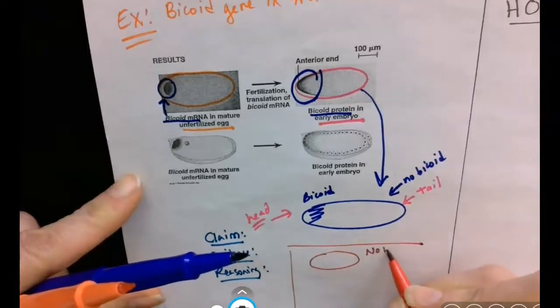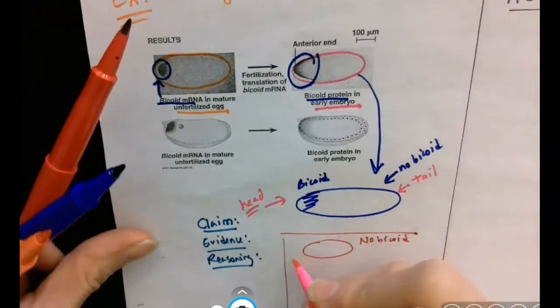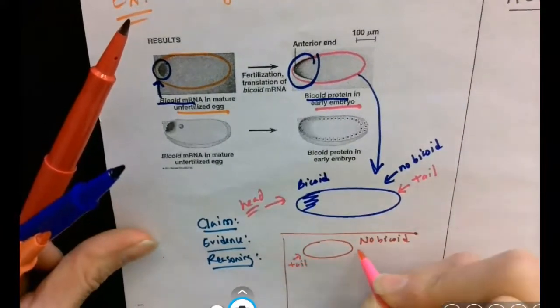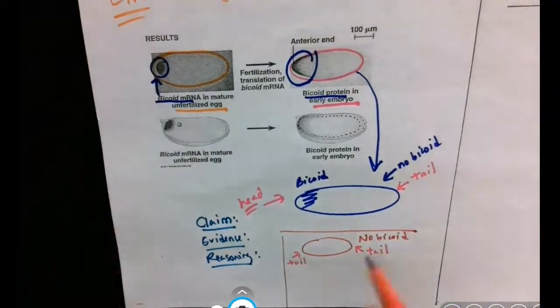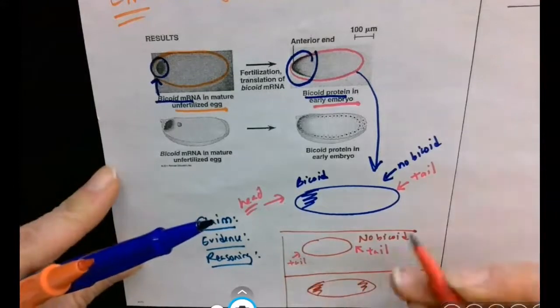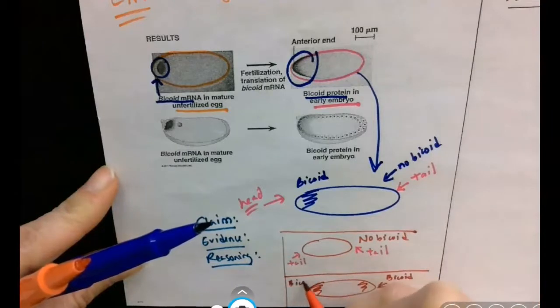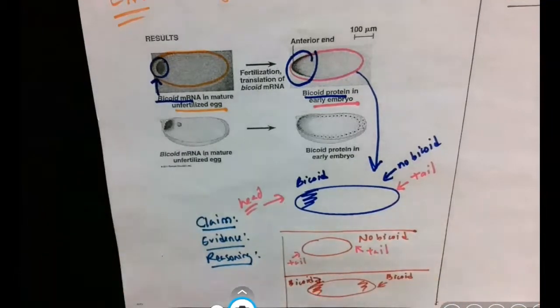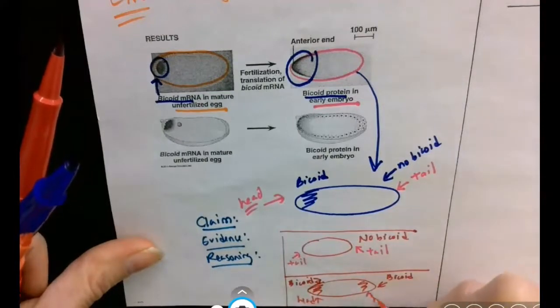No bicoid at all. And what they found out is that fruit fly produced 2 tails and no heads. In another experiment, they added bicoid to both ends. And those fruit flies ended up having 2 heads and no tail.